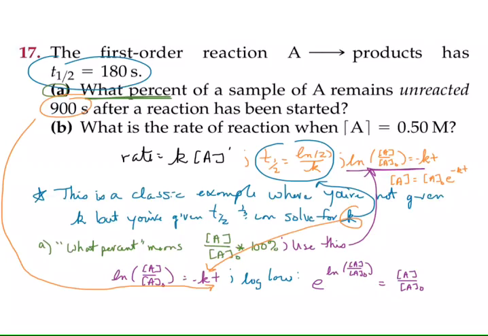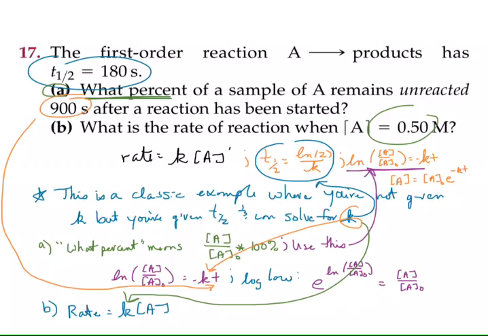Is that all my hints? Yeah, that was all my hints for that. In other words, for that last bit down there, if I'm after that ratio right there, I can take e raised to the ln of A over A0 is equal to e raised to the negative kt.